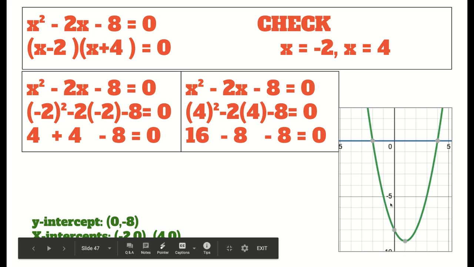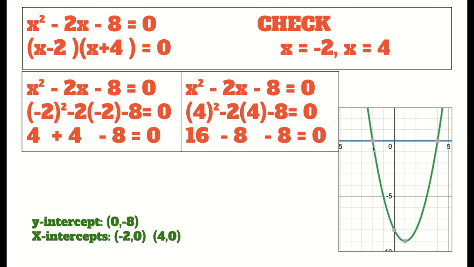Here's the graph. And if we want to check our work on the graph, if we were to go into decimals, we would see it at the x-intercepts here, which we do. Also, in the original equation, we can plug in negative 2. So wherever we see x, we'll plug in negative 2.